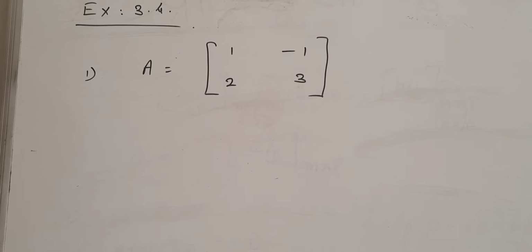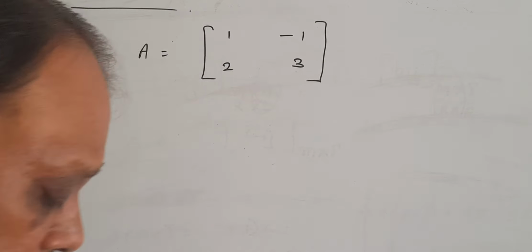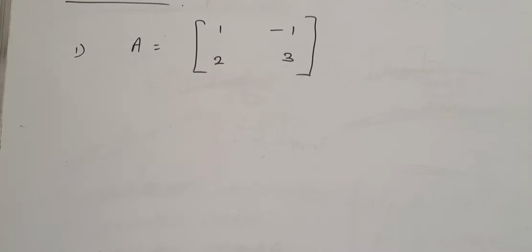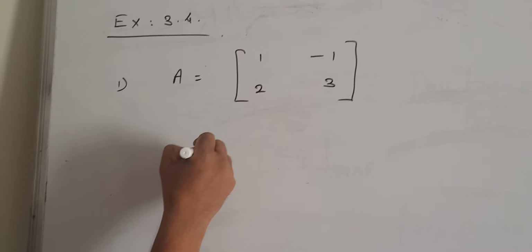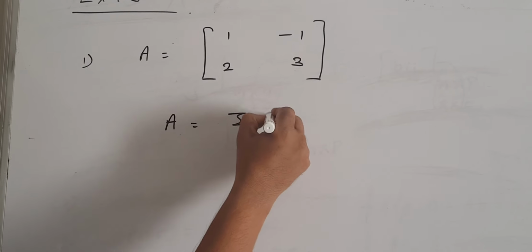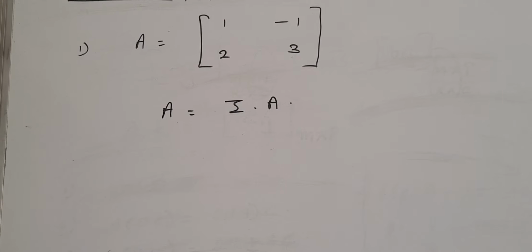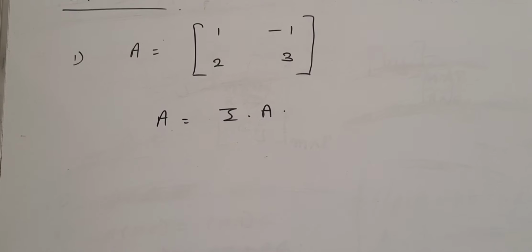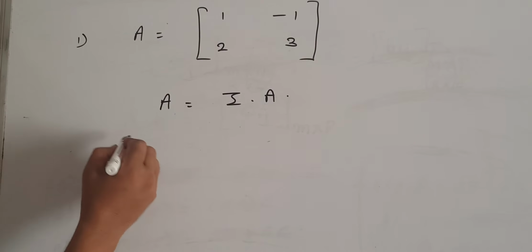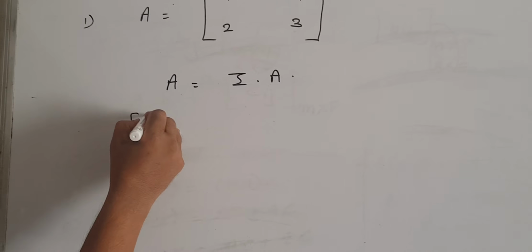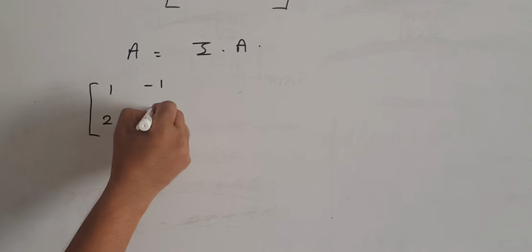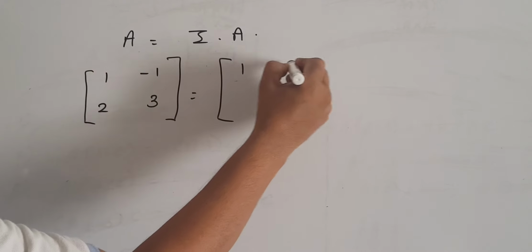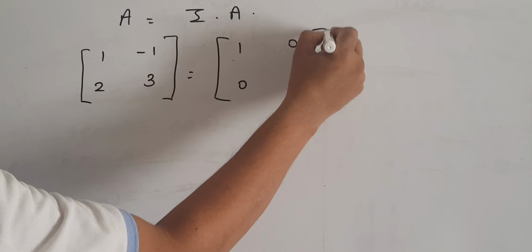Understand? Clear? See, I'm taking it this way. We have A is equal to I into A. Suppose A is equal to I into A. Everyone knows that. Now A means this given matrix 1 minus 1, 2, 3. I is what? Identity matrix 1 0 0 1.